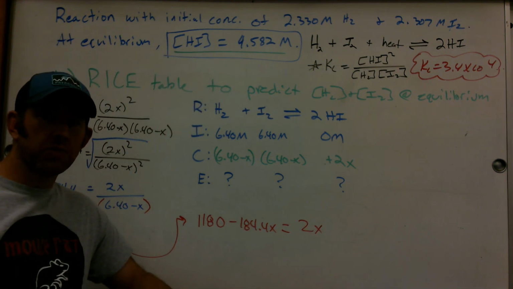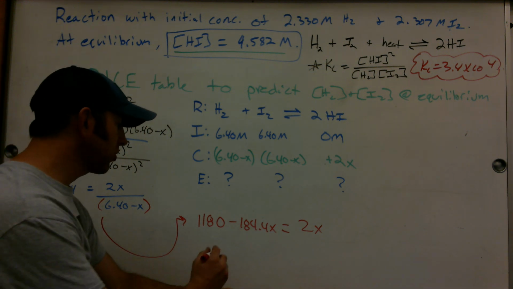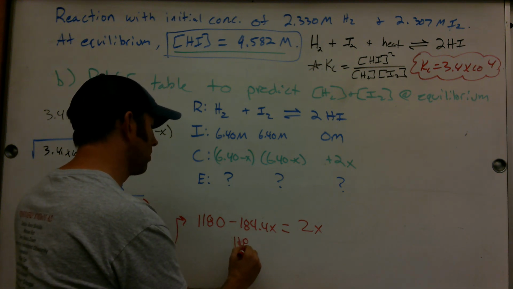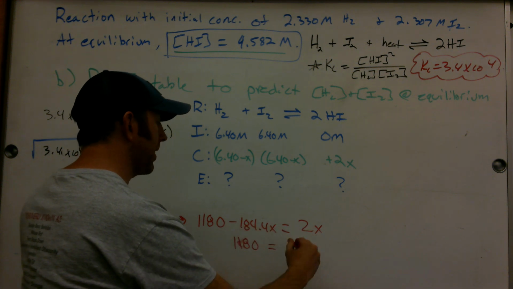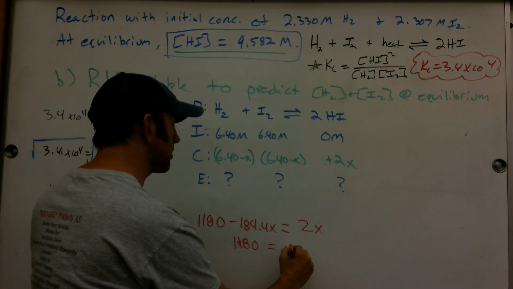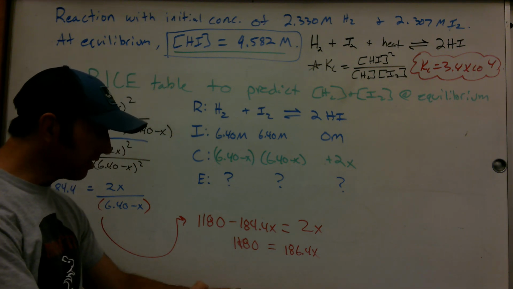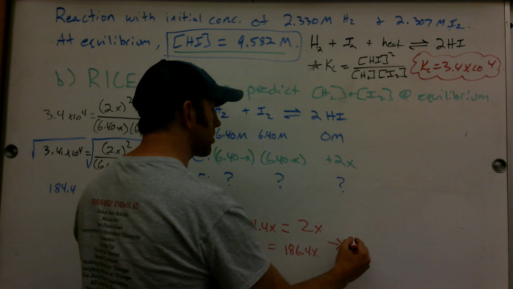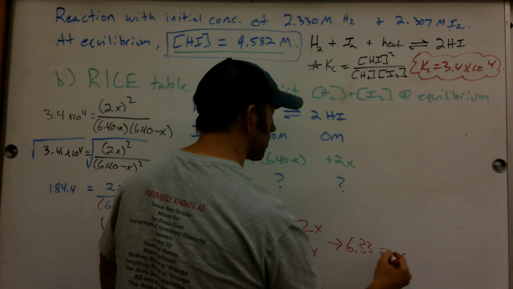Now our algebra is getting a little bit simpler. I'm going to add 184.4x to both sides, so I get 1180 equal to 186.4x. Divide both sides by 186.4, and I should get 6.33 equals x.